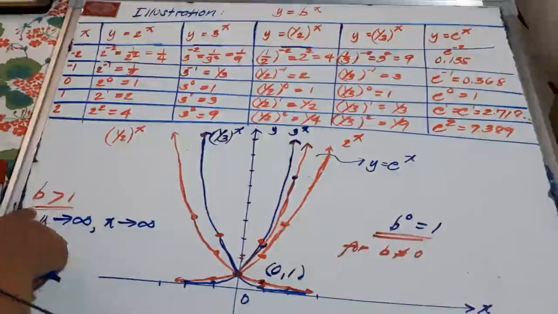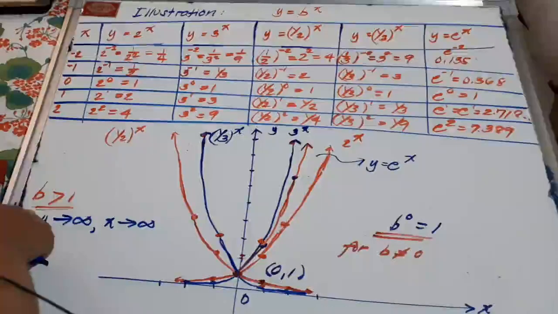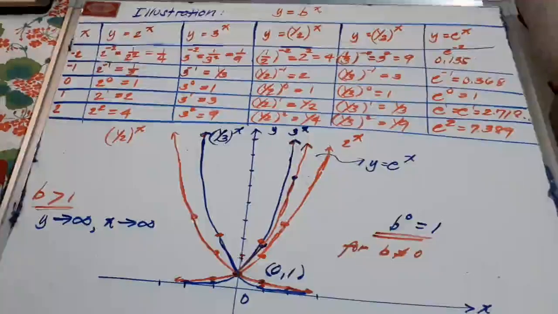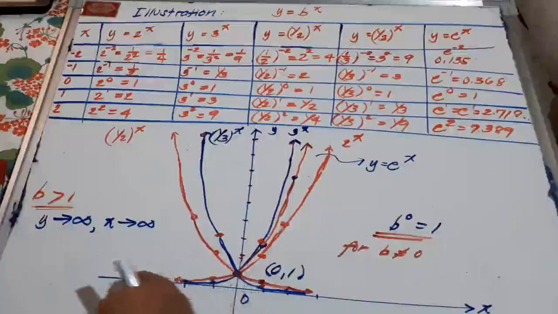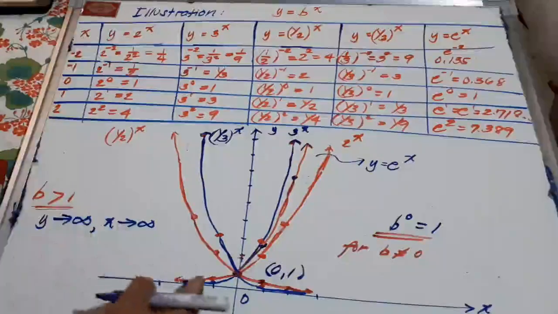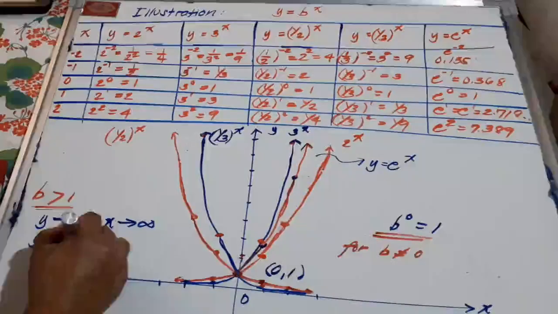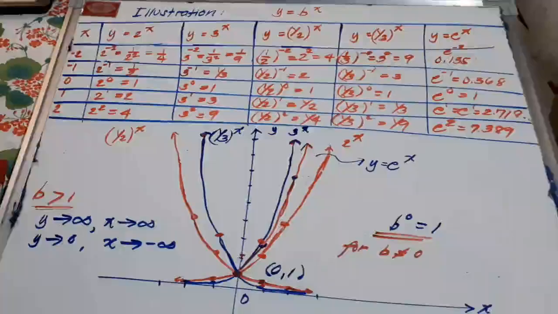Yun yung behavior ng ating exponential function for values of b that is greater than 1. Okay? What else? Also, papansin nyo, for b greater than 1, yung ating function decreases quickly. Lumiliit na lumiliit. Ang bilis ng kanyang pag-decrease. What does it mean? It means that if y approaches 0, paliit ng paliit, x is approaching to negative infinity. Okay?